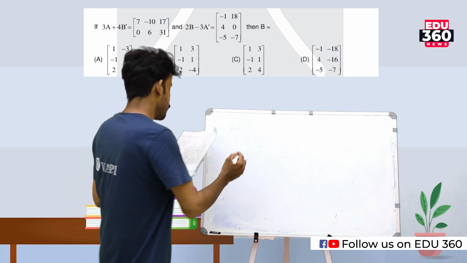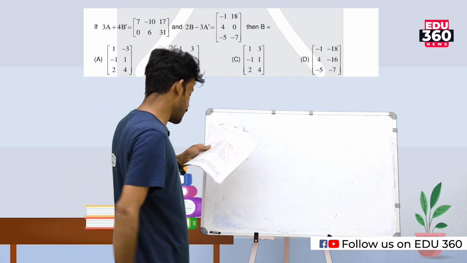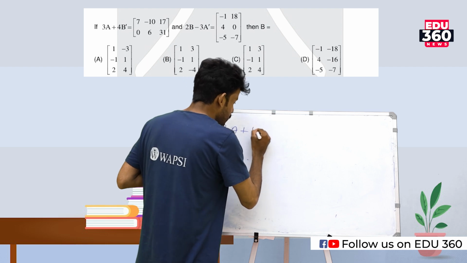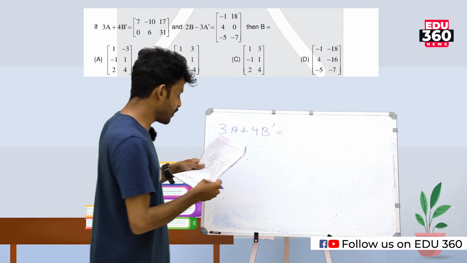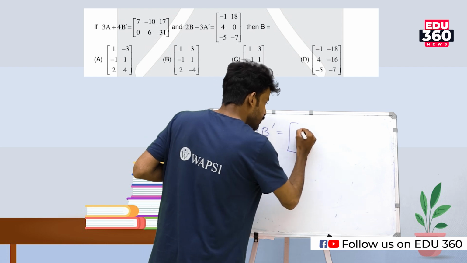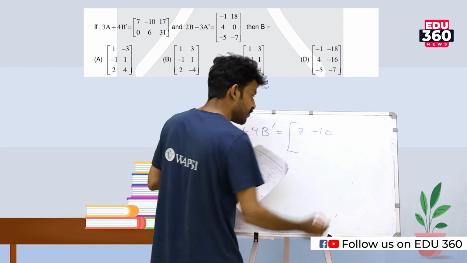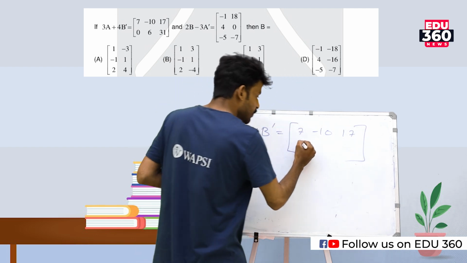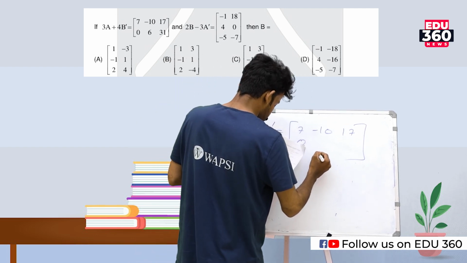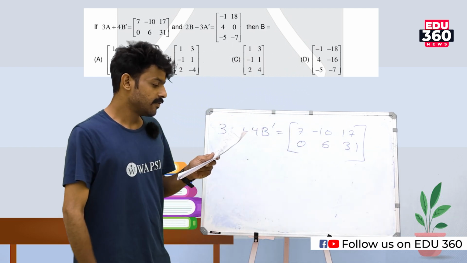So first of all, we can write 3A plus 4B dash is equal to 7, minus 10, 17, which is the first row, and 0, 6, 31 is the second row.